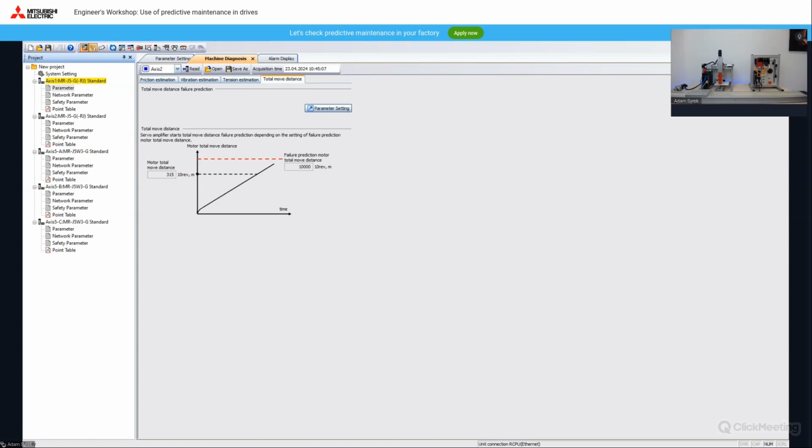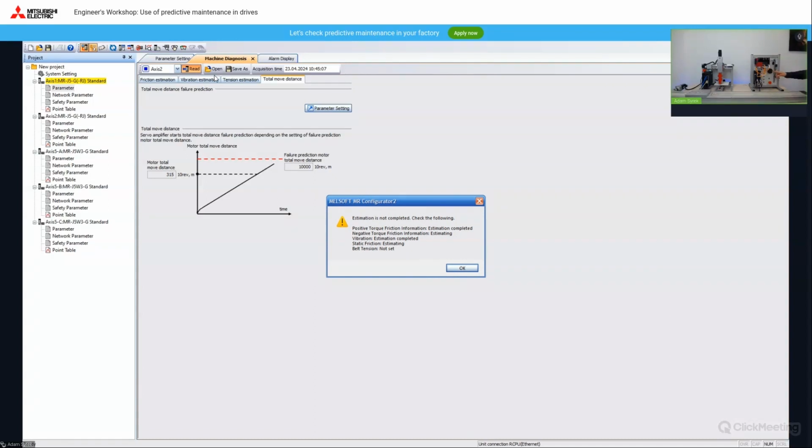Okay, axis number 2 has some vibration, that's why I stopped it. And so axis number 2 is moving. It's this wheel that you can see here.